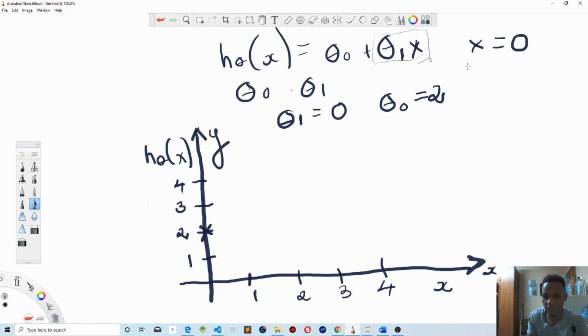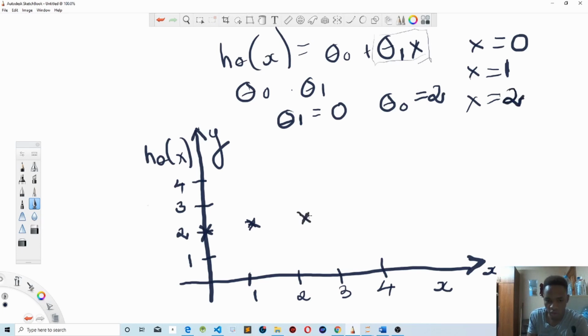And then when x is equal to 1, if you substitute here, h theta of x is equal to 2. And when x is equal to 2, you also find that h theta of x is equal to 2.